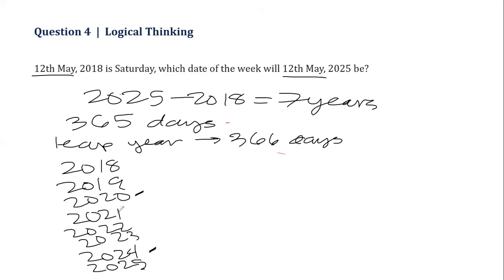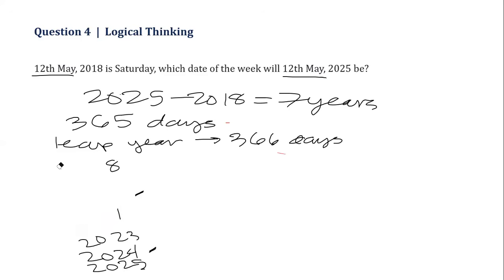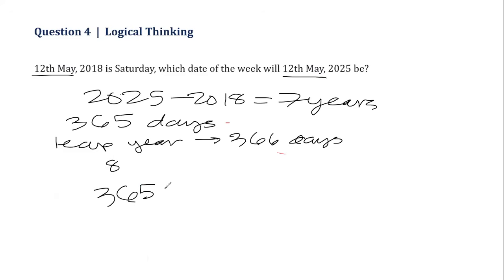So we have 2 leap years. What this means is that the total days between May 12, 2018 and May 12, 2025 is 365 times 7 plus 2. Since you have 2 leap years, that means 2 extra days. So if you compute this by hand, you should get.